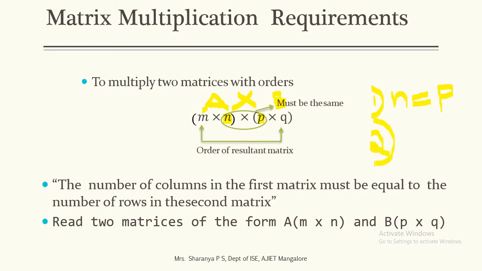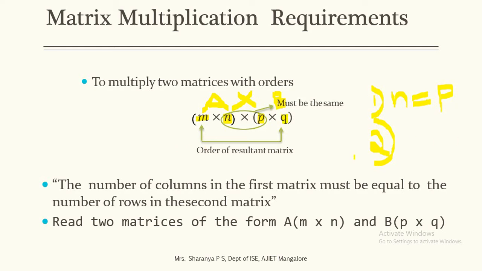Second, we will get the resultant matrix. The question is, what is the order of the resultant matrix? It will be the number of rows of the first matrix by the number of columns of the second matrix.